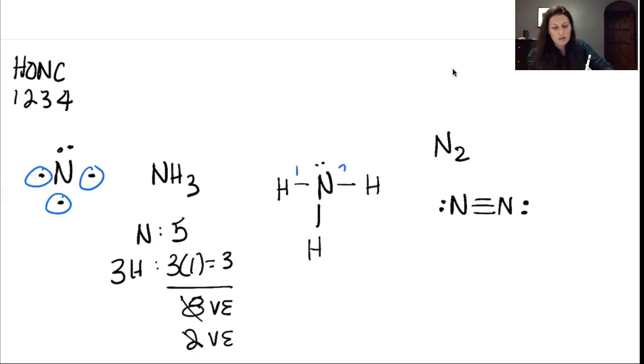This nitrogen has 1, 2, 3 single bonds, and then this nitrogen has a triple bond. But all of them follow this rule where we have 3 bonds to nitrogen. All right, and likewise to carbon, we could have a nitrogen that has a double bond to something and a single bond, and then it would have 2 unpaired electrons around it.